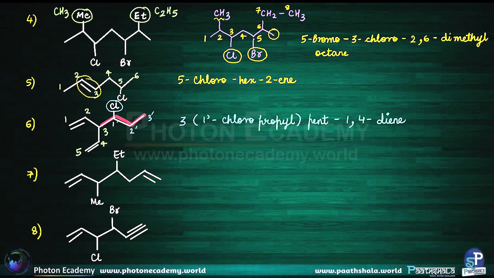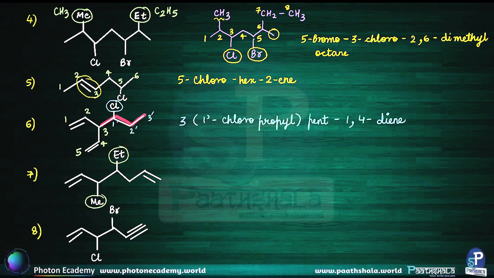At the seventh example, that is the seventh question, again we have Et appearing at the top side and Me, that is the methyl and the ethyl group appearing. And here the double bonds have more preference now. So we start this numbering from here 1, 2, 3, 4, 5, 6, and 7. Notice that if we open this, it makes no difference now because the three membered ring is on the right hand side.